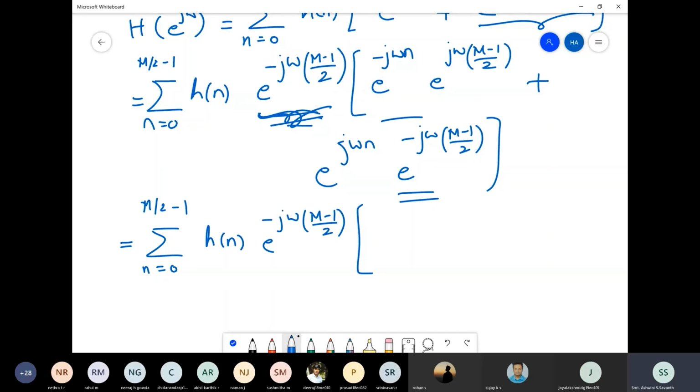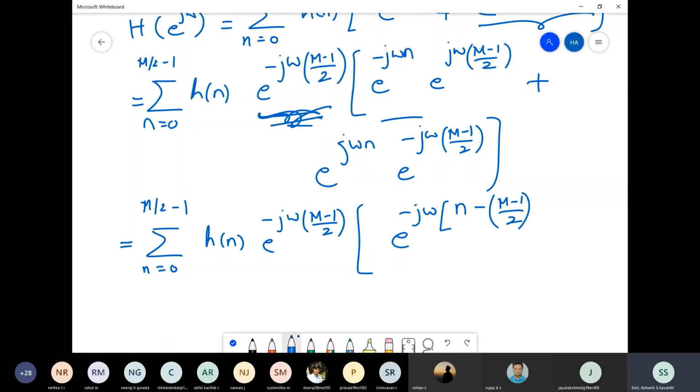Now let's combine all the exponential terms here. I'll take e to the power minus j omega common in the first term, so I have n and minus of (M minus 1) by 2 in this term.